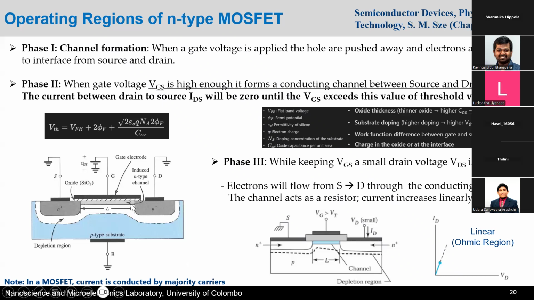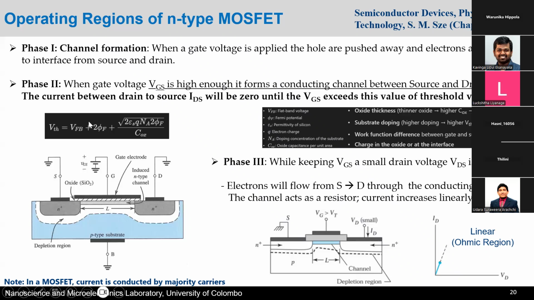So it's like a parallel plate capacitor as you think about it, right? You can think of it as a capacitor, and this C ox stands for the capacitance between the gate and the channel. So that C ox is equal to epsilon A over T, right? And the T is the thickness of the silicon dioxide. Okay, so the threshold voltage also depends on the flat band voltage and also the Fermi potential, right?